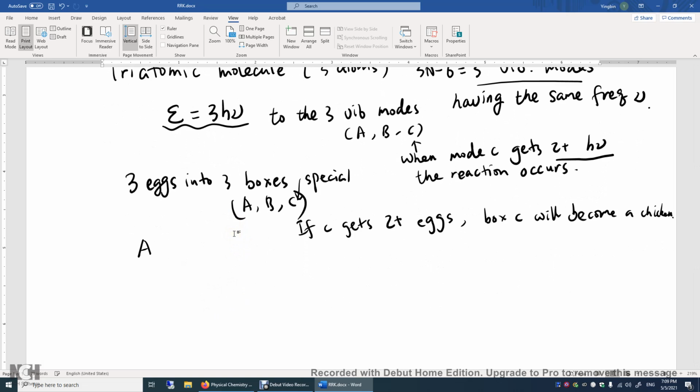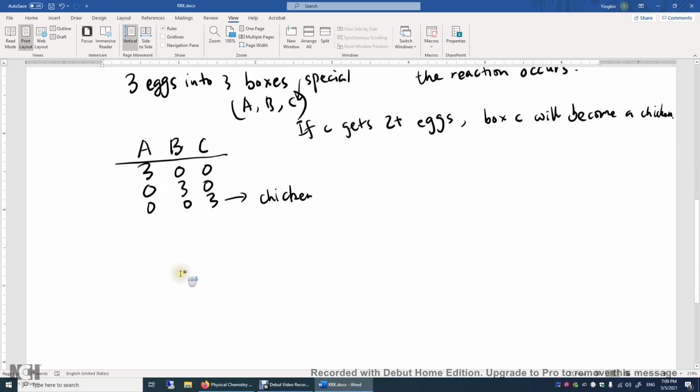Well, the simplest way is to just write out all possible arrangements, A, B, and C, right? So we can put 3x in A, and B and C get 0. We can put 3x in box B. We can put 3x in box C. Now we get a chicken. Good news.